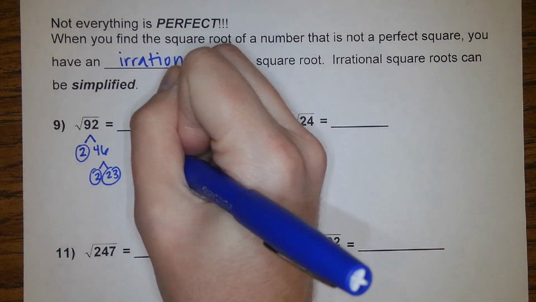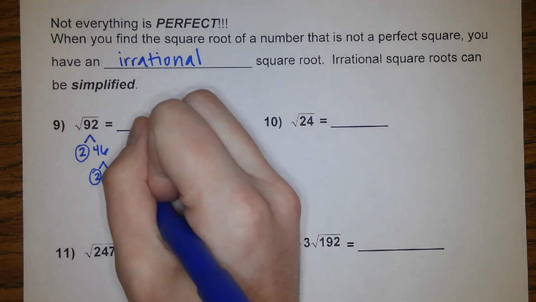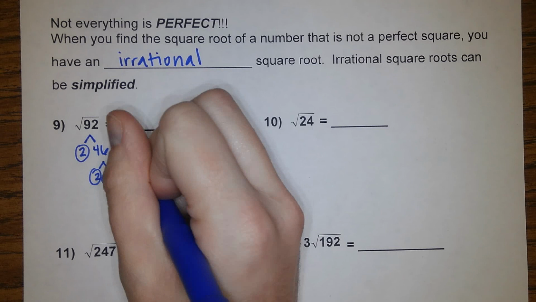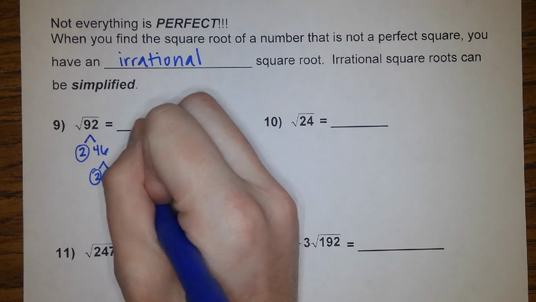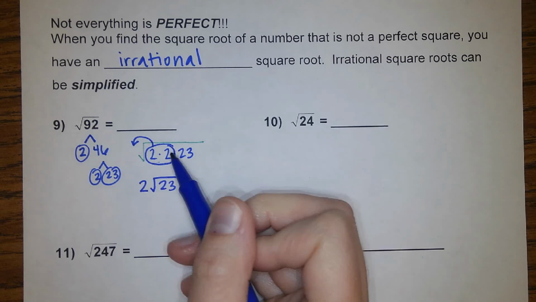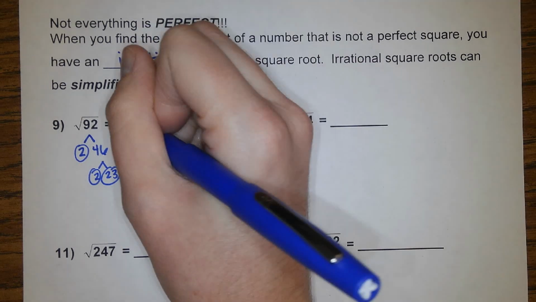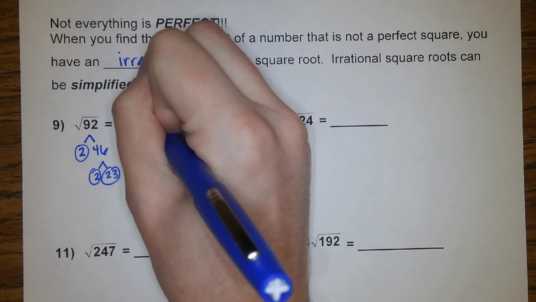And when you take it out of the square root, only 1 survives. We can take the 2 out, but there's still a 23 left in here. So our final answer would be 2 square root of 23.